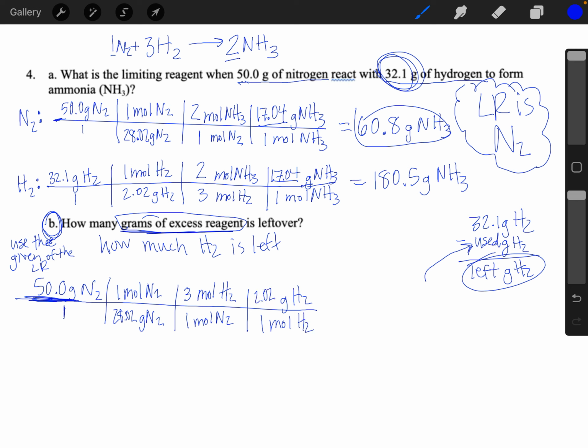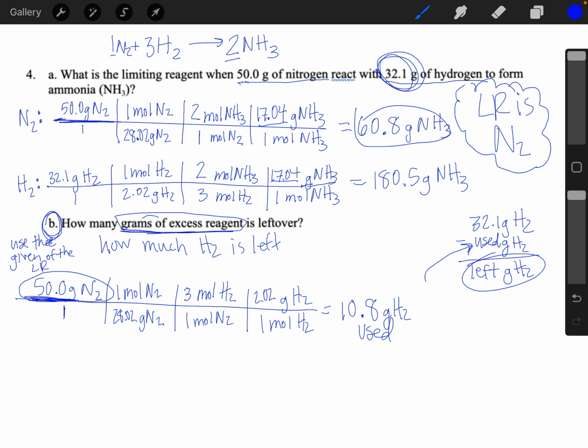Once again, I need my calculator. 50 times 3 times 2.02, divided by 28.02. That's 10.8 grams of H2 used. So if I use 50.0 grams of N2, it takes 10.8 grams of hydrogen to react with that.